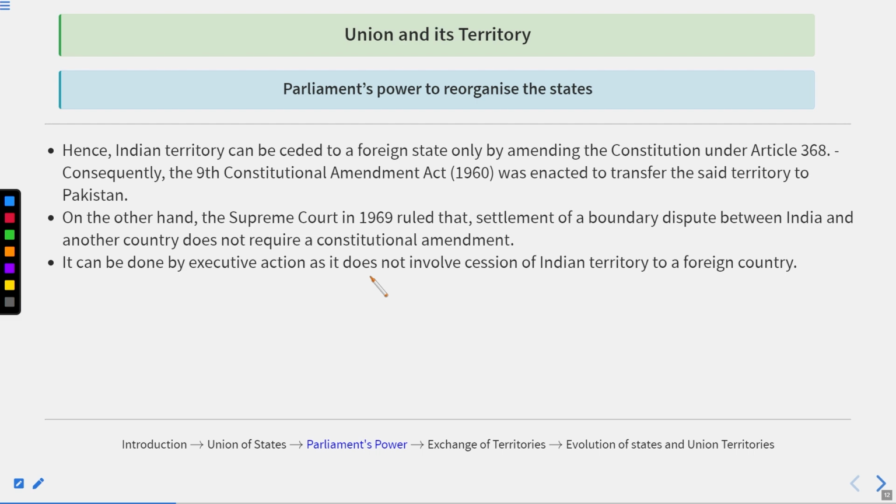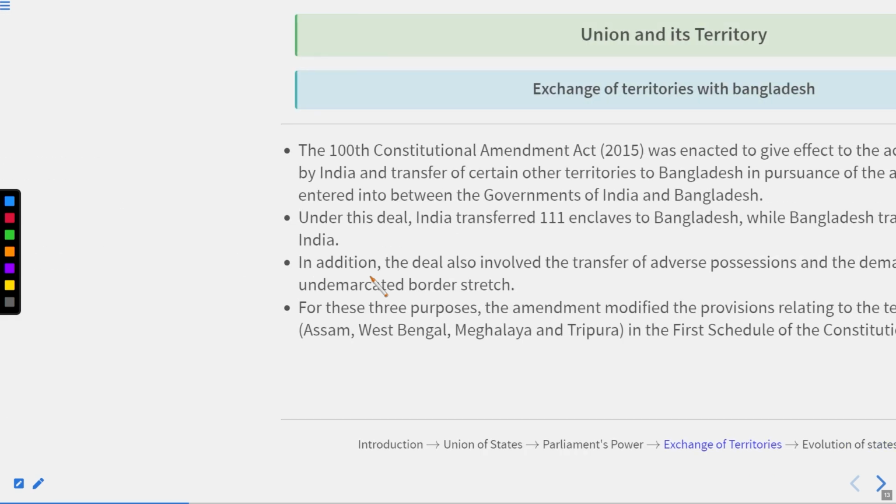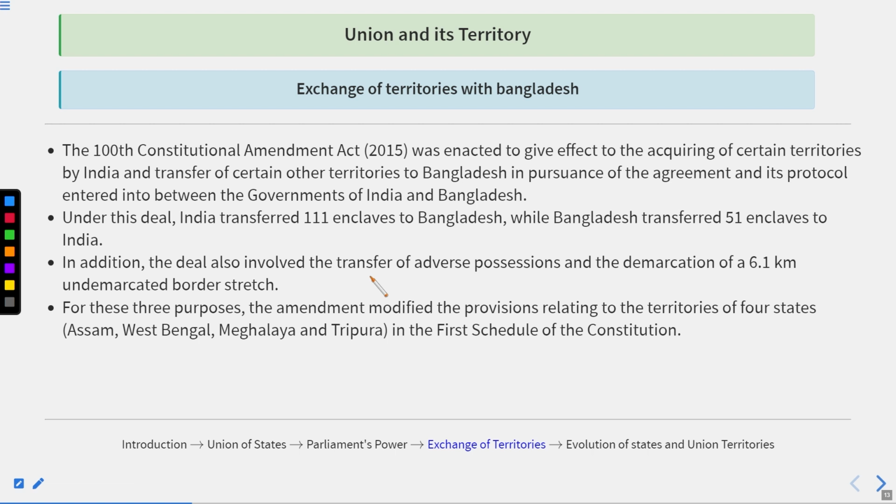So basically, we had seen the parliament's power to recognize the states. Now let's move forward. Now we are going to see the exchange of territories with Bangladesh. So far we have exchanged the territories of India with Bangladesh, and that was done by the 100th Constitutional Amendment Act 2015. Why?